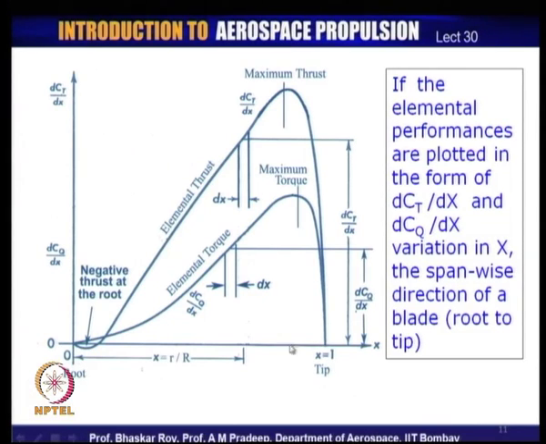So, one needs to be very careful in designing the propeller, in which the thrust needs to be distributed in a manner so that together the blended propeller would give the necessary thrust that is required for flying the aircraft. So, this is the variation that you need to build into a propeller shape to get a propeller that is useful for flying an aircraft.